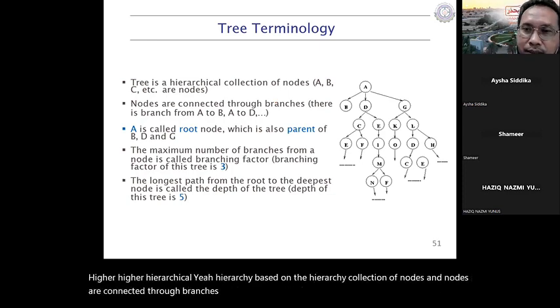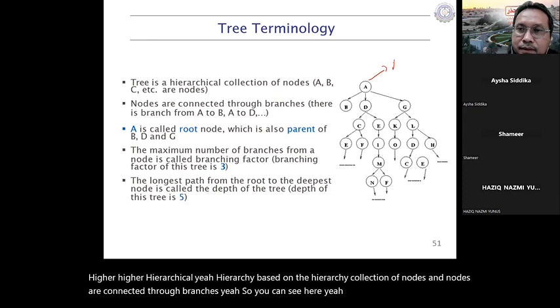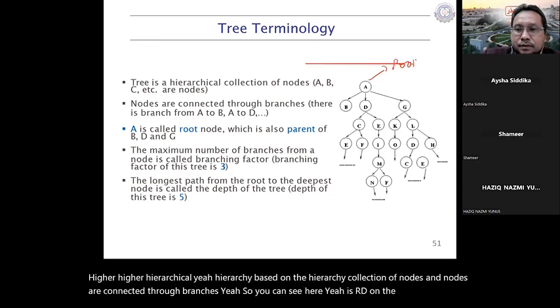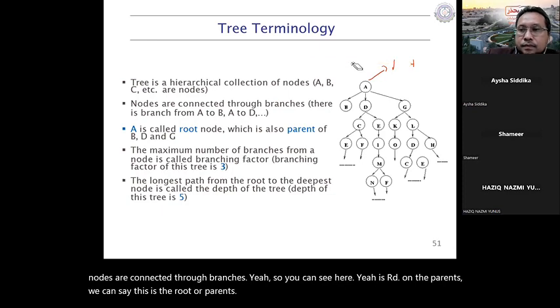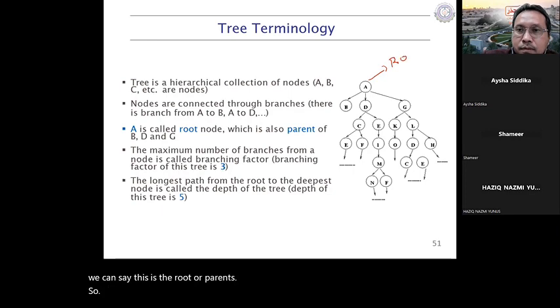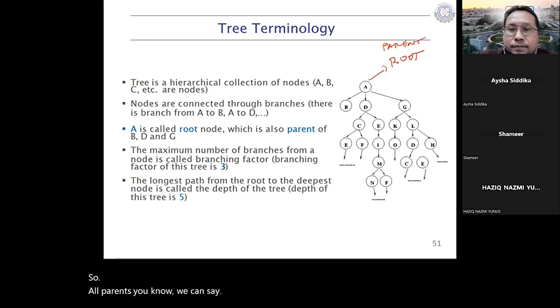So you can see here, A is the root, or the parent. Then we have a branch here, or child.